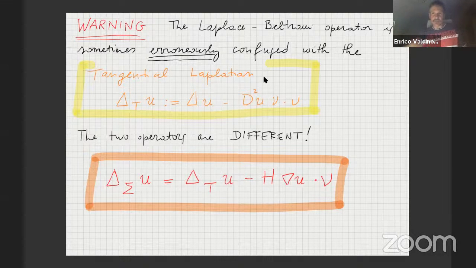Whatever is left is two derivatives in a basis of the tangent plane. And you may think erroneously that after all, the Laplace-Beltrami operator is just the tangential Laplacian. But this is a mistake, because in this one loses exactly the term coming from the mean curvature. So there is an additional term that is the mean curvature times the normal derivative of u.